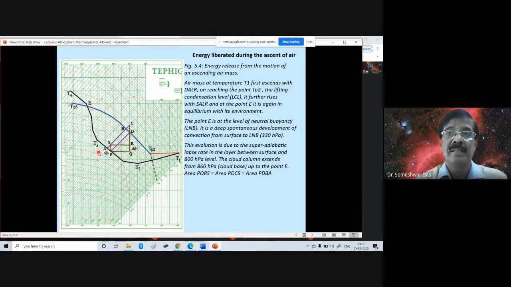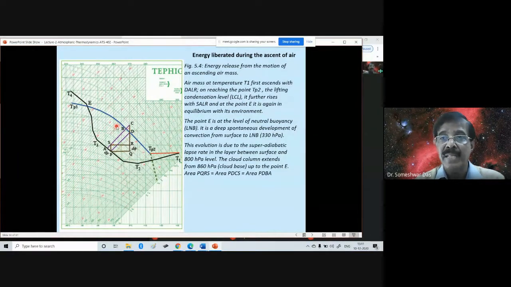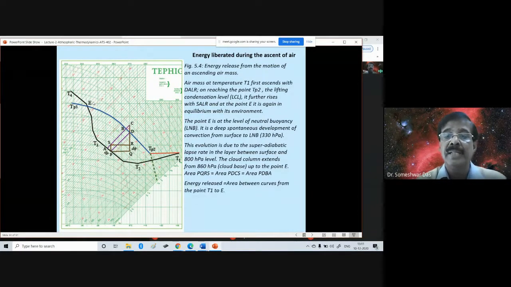The total area under these two curves is the latent energy, or the hidden energy, in the atmosphere, which is released as the parcel reaches the level of free convection. Then this energy takes the parcel of air higher in the atmosphere. So the energy released is equal to the area between the curves from the point T1 to E.